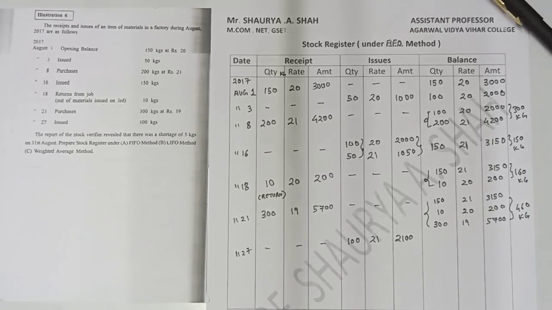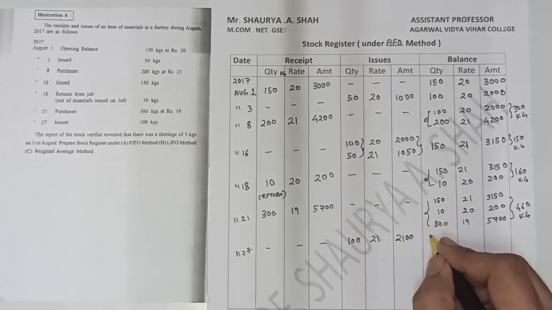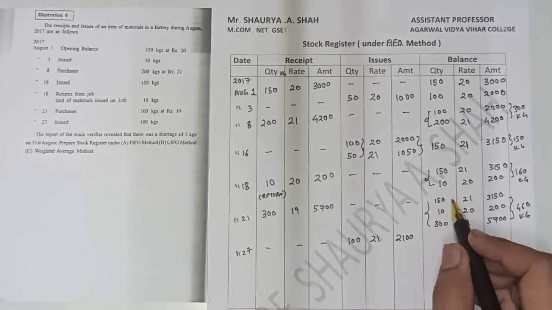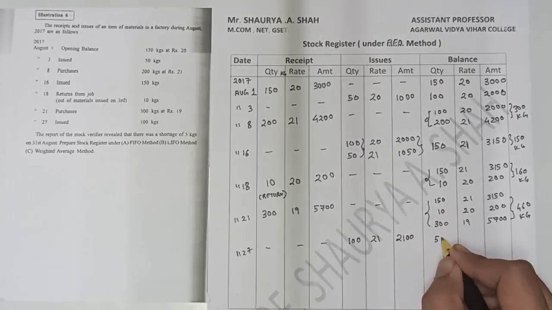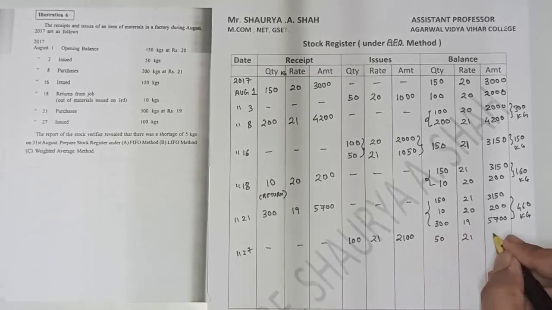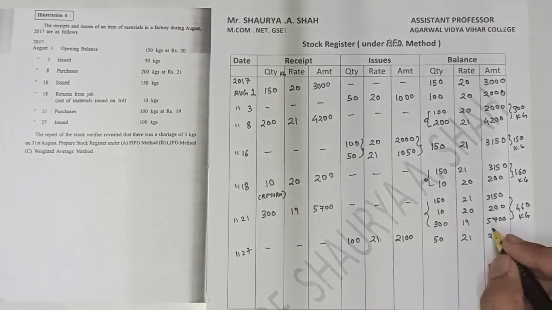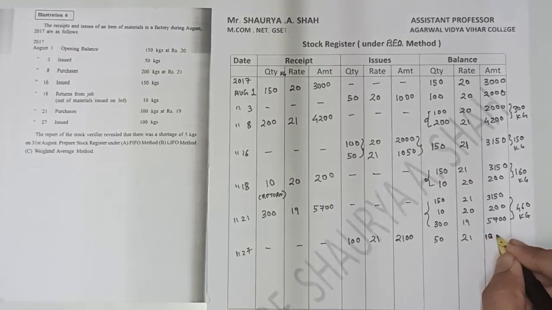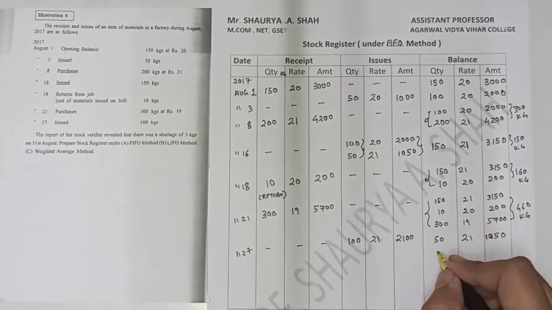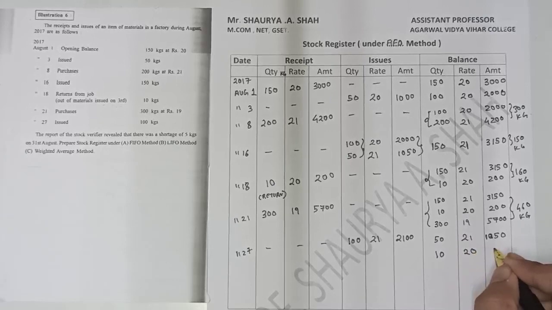Now the balance is to be found out. How much will be my balance, students? My balance will be from 150, I have given 100. So 50, again 50 into 21, right? So multiply 50 into 21 gives me 1050, right? So 1050, the rest 10 will remain the same.